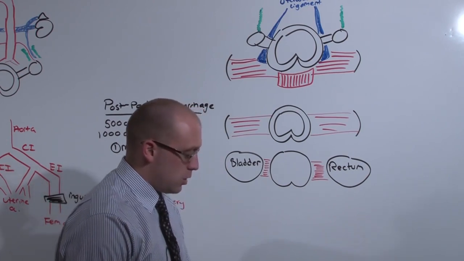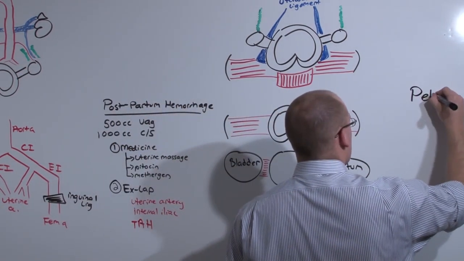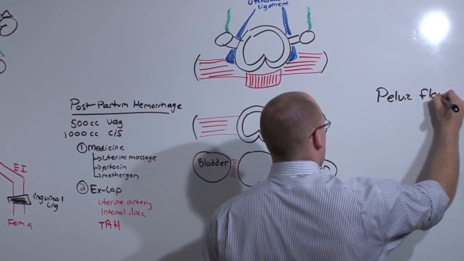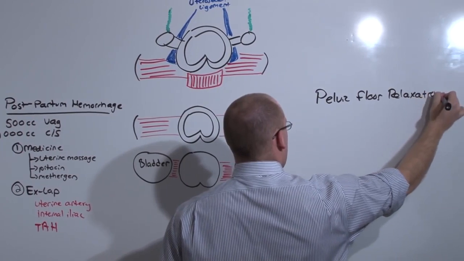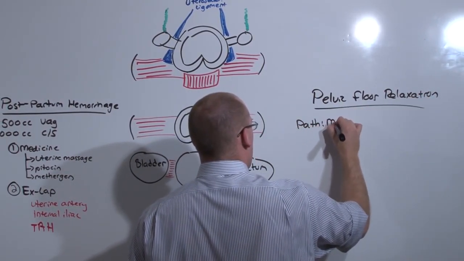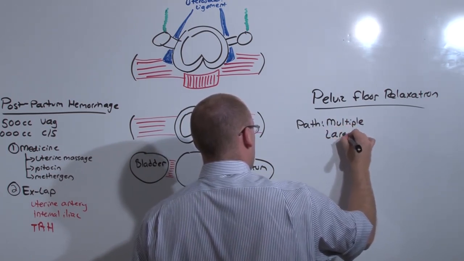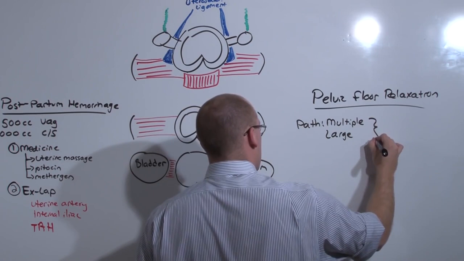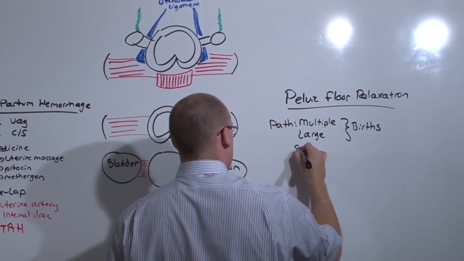So basically, the clinical correlate here is pelvic floor relaxation. And the pathology is that you've had multiple or large births that have stretched out the cardinal ligament.